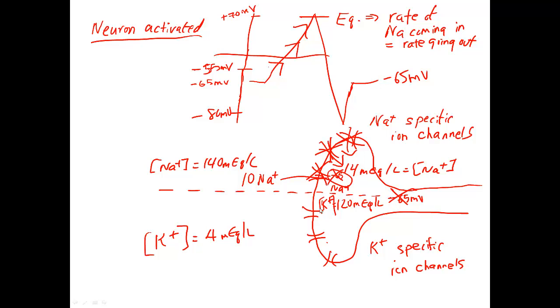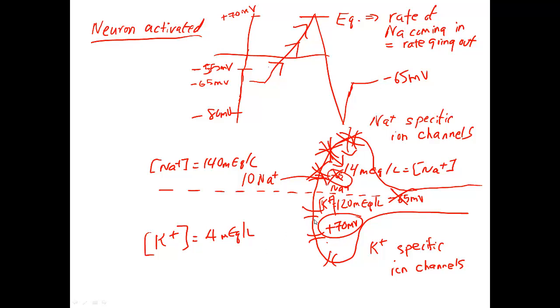But what we do have is positive 70. We also know that we have a bunch of positive charge on the inside of the membrane with this 120 milliequivalents per liter of potassium ion concentration. And extracellularly, we have a really, really low potassium ion concentration.